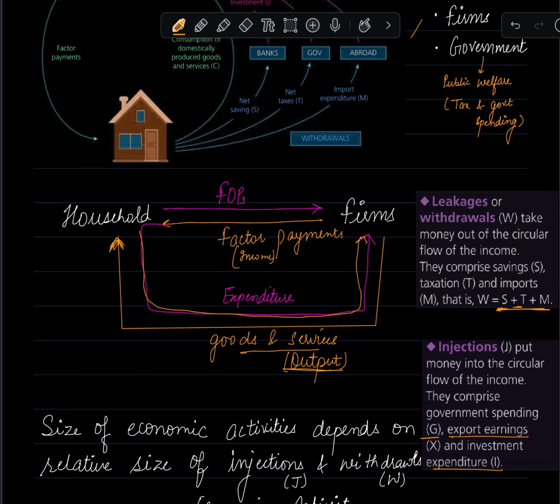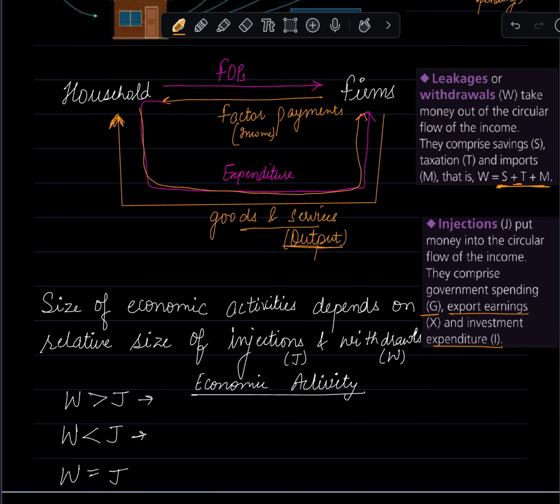Now, the level of economic activity depends on the relative size of leakages and injections. If you are taking more money out of the economy and putting less money in the economic system, that is, withdrawals are more than injections, then economic activity decreases.